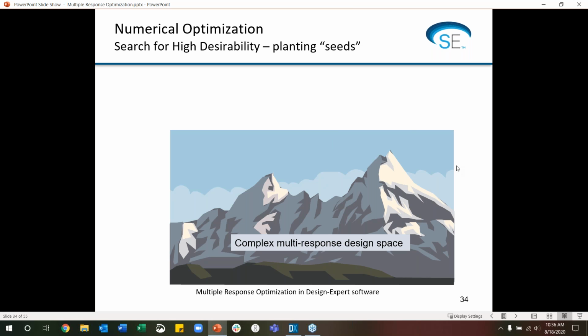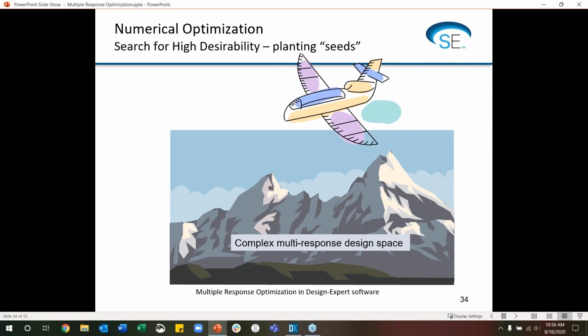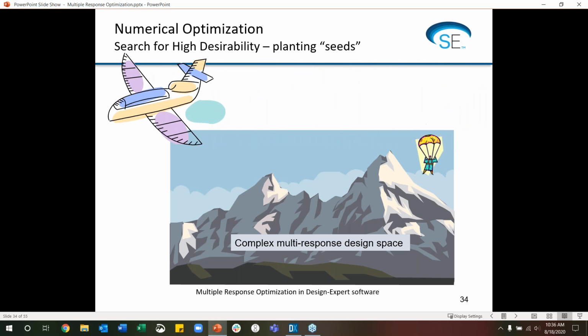We're going to send an airplane flying over this, with parachutists, skydivers, jumping out into the mountains. These are all planting seeds in your design space. Remember, this is a very multi-dimensional design space. We have to plant seeds. So those are the 109 points that we planted.